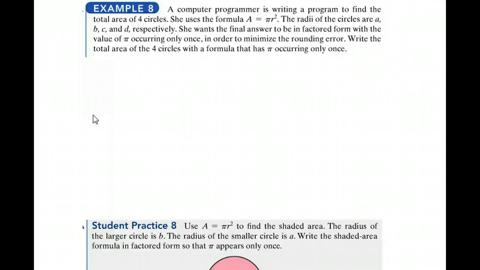The radii of the circles are A, B, C, and D, respectively. She wants the final answer to be in factored form with the value of pi occurring only once in order to minimize the rounding error. Write the total area of the 4 circles with the formula that has pi occurring only once.